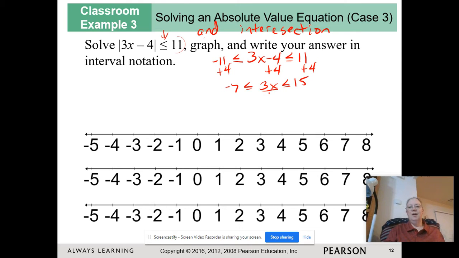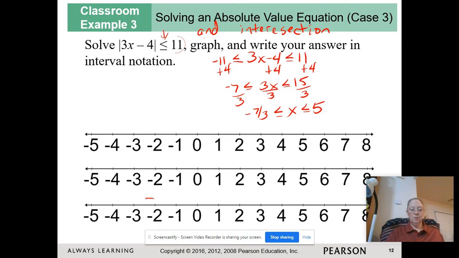And we're going to divide by 3. And so we have negative 5 less than or equal to x is less than or equal to 5. So we notice you have your 5 in between these two numbers.